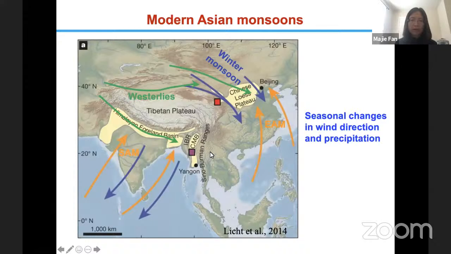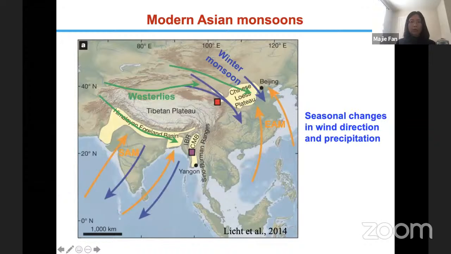Some people think that there's a transition zone in between the Eastern Asian monsoon and the South Asian monsoon. There's also the Western North Pacific monsoon that mirrors the Indonesia-Australia monsoon. And on top of the monsoon system, these green arrows basically represent the westerlies.